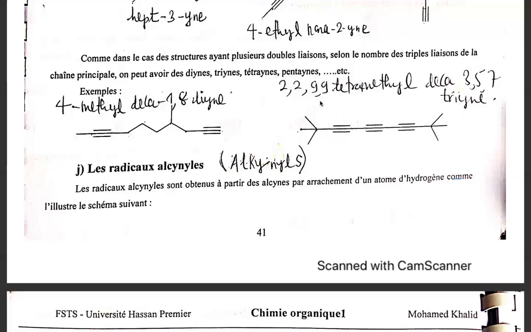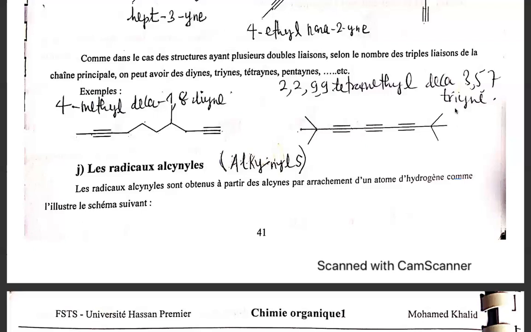So before we go to this part, we have to deal with this one. We are saying a 10-chained hydrocarbon is called a deca. Now, that's the prefix. At position number 3, 5, and 7, we have the triple liaison. The terminaison is YNE.